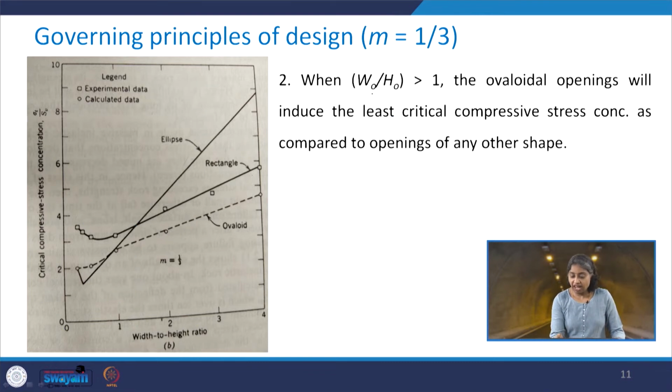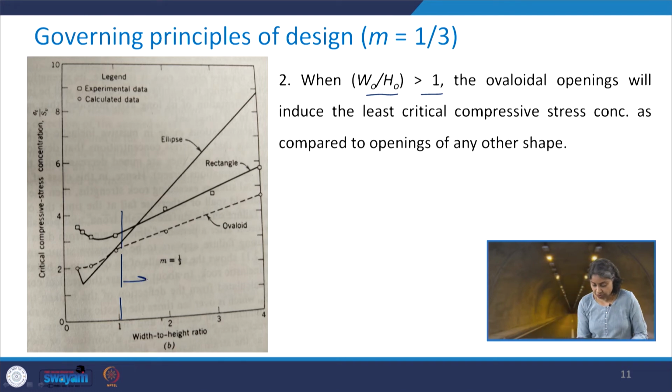Then when you have W naught by H naught greater than 1, this is the zone where W naught upon H naught is greater than 1. It will be the ovaloidal shape, you see this one, which will give you the least value of the stress concentration factor.